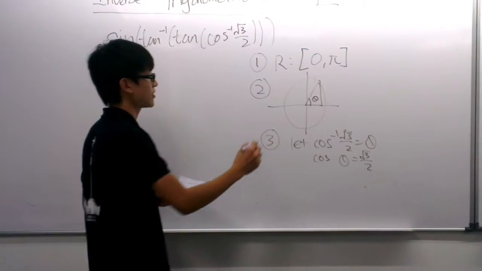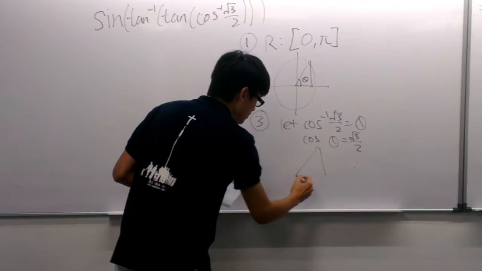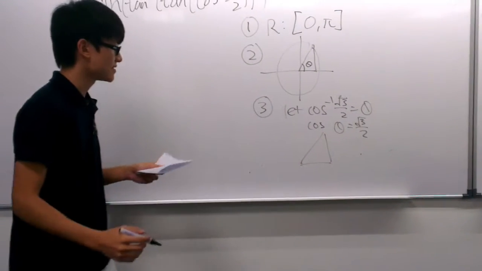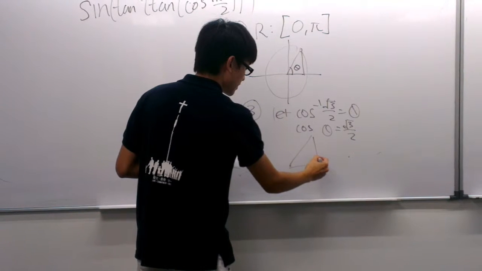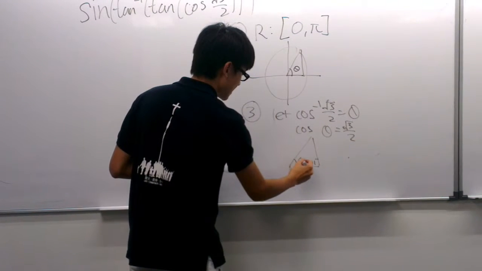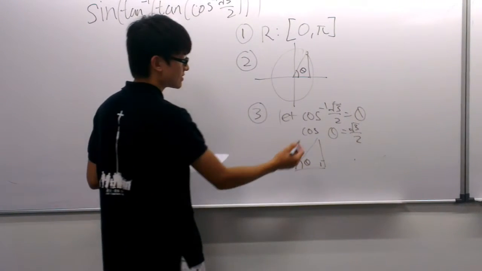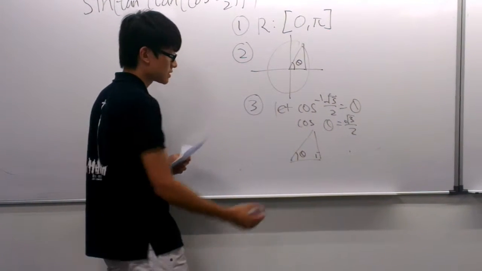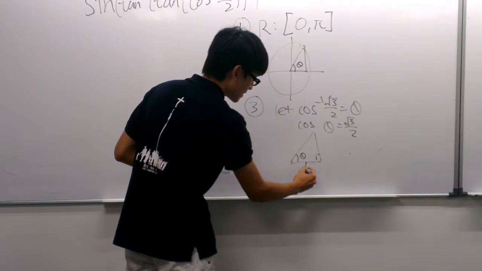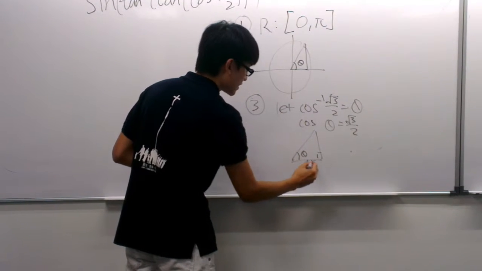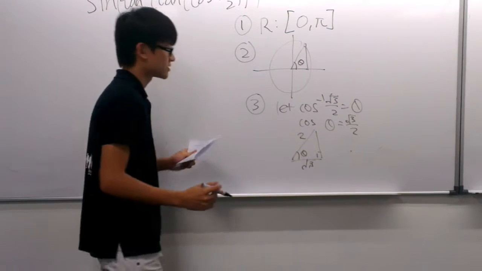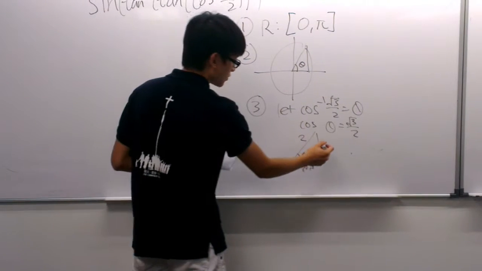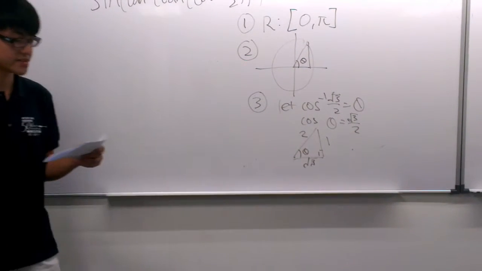Now we can draw a triangle with angles 30, 60, and 90, and indicate this angle as theta. Since cos theta equals √3/2, we indicate the adjacent as √3 and the hypotenuse as 2. So the opposite will be 1 by using the Pythagoras theorem.